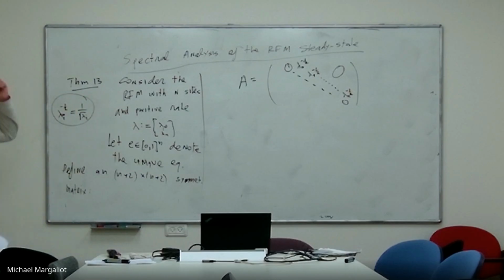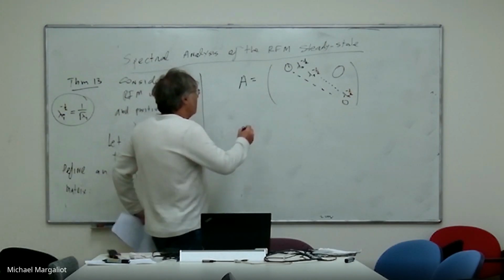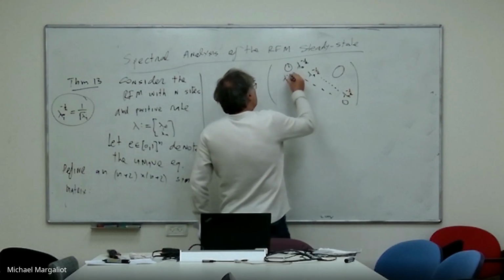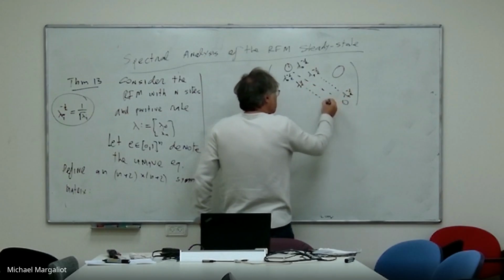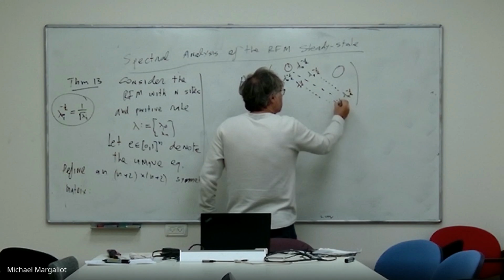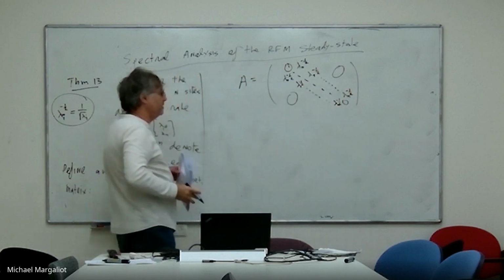On the sub-diagonal, I also put the same thing so I get a symmetric matrix. And all the other entries are 0.